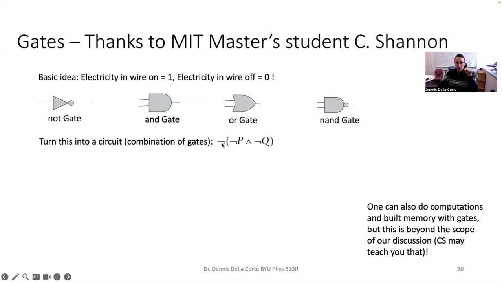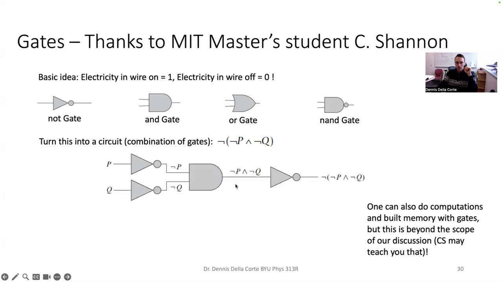So if you have a logical statement like NOT (NOT P AND NOT Q), you can rig up a circuit that's made up of these four elements that represents this. So here is, for example, an input P that goes through a NOT gate that gets you the NOT P. The input Q goes through a NOT gate, gets you the NOT Q. They're both combined in the AND gate to give you NOT P AND NOT Q, and then you negate that whole thing.